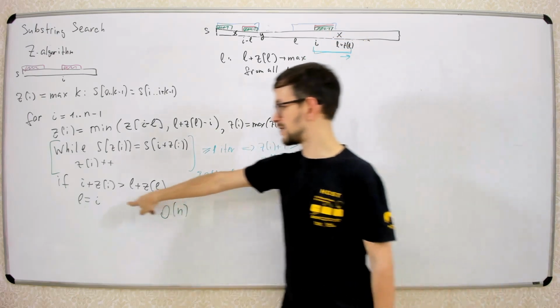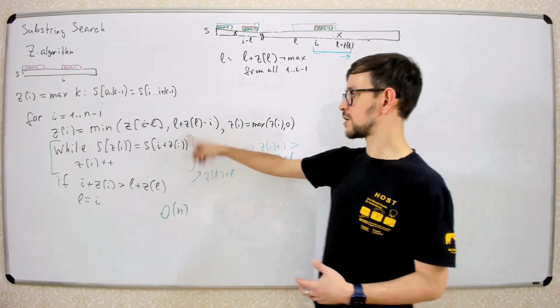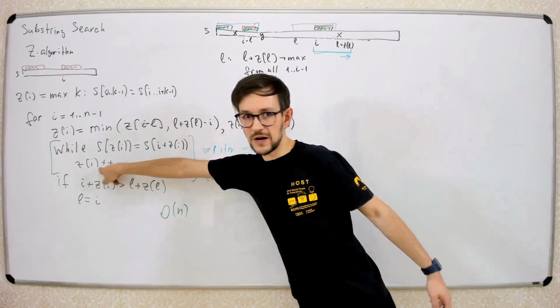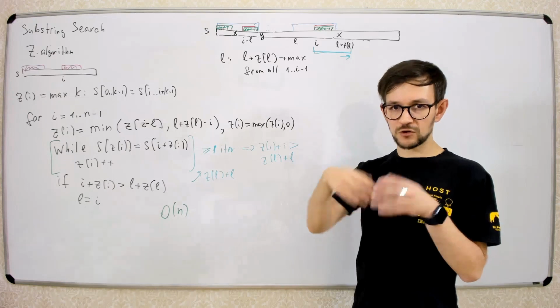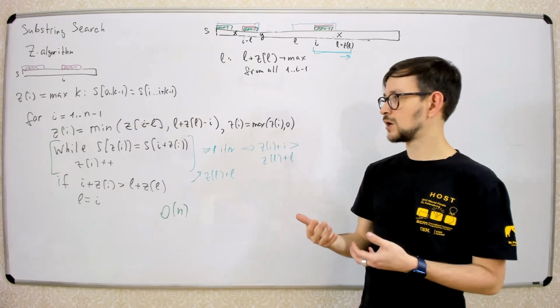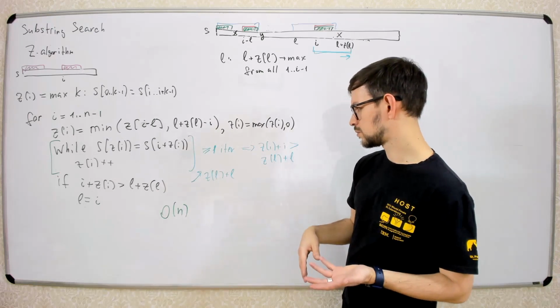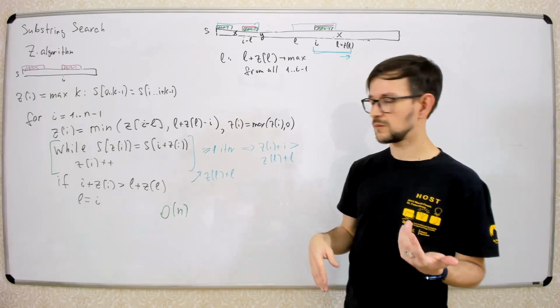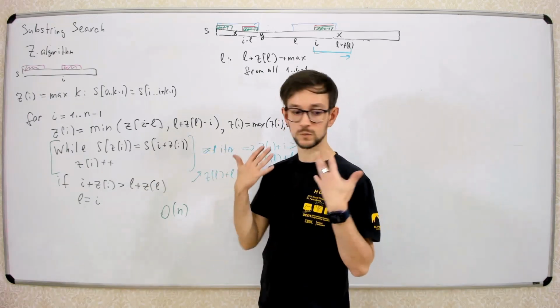So you will update the value L here. And also in every iteration of this loop, you increase the value zi. So the total sum L plus ZL will be increased in each iteration of this loop. This sum should be no more than 2n. So actually no more than n. So you make no more than n iterations of this while loop. That's all.